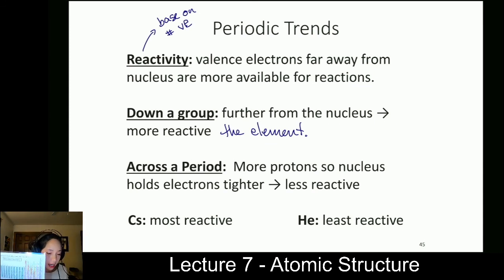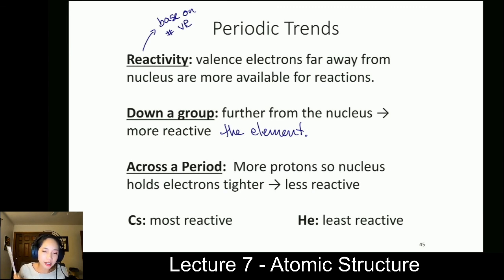Another trend is across a period, going from lithium, beryllium, all the way to fluorine. As you go across a period, you're increasing your atomic number. So you have more protons in your nucleus, right? If there's more protons in that nucleus, the electrons are being held tighter. The parent is holding all of its children closer to itself.